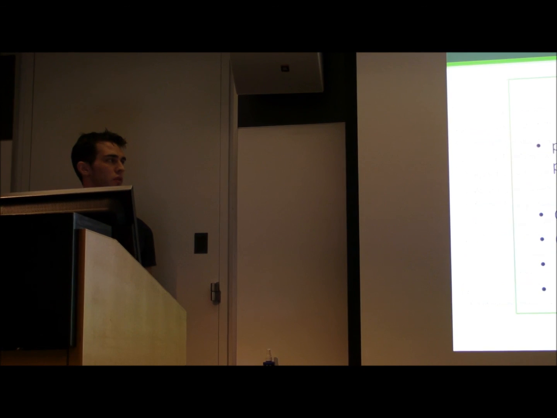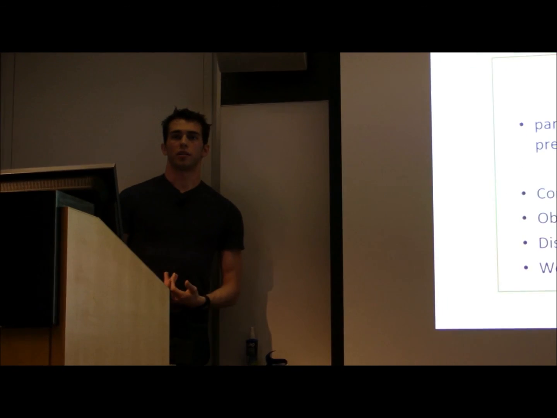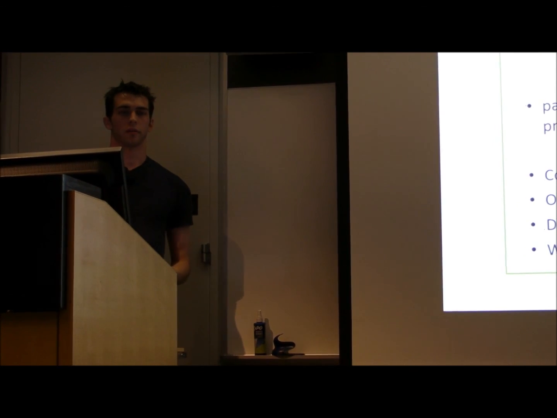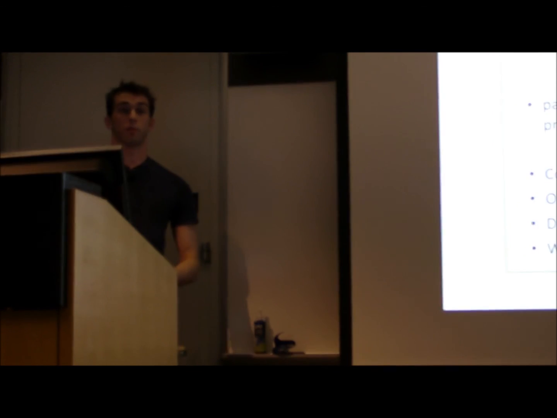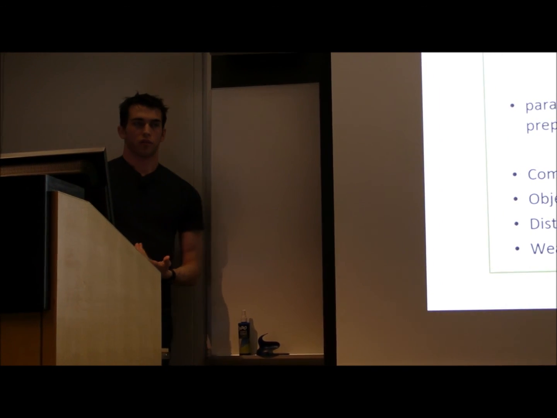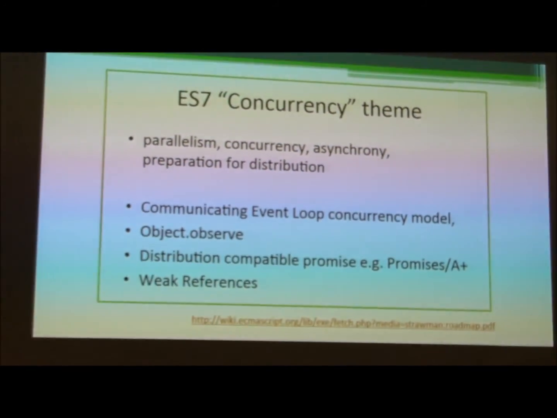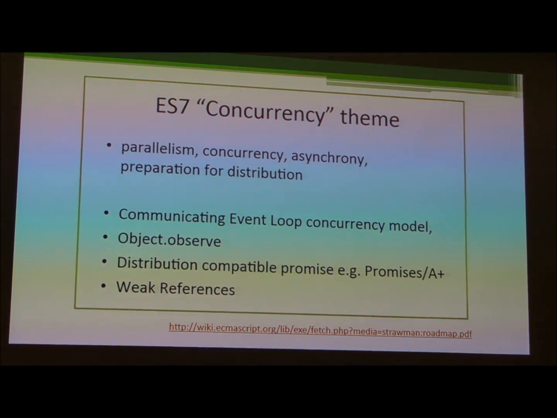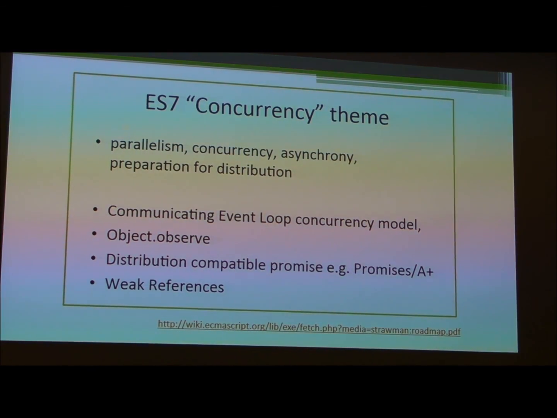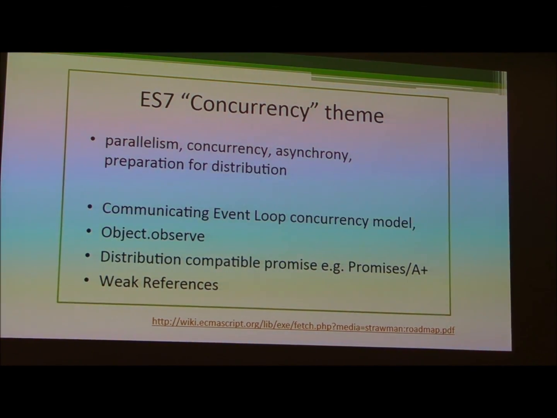Even more so. This is a slide from a TC39 meeting. TC39 is the committee that works on JavaScript, the language, and is evolving ECMAScript 6, the next version, and ECMAScript 7, the version after that. One of the members is very active in the promises community, and he's saying that one of the main themes for ECMAScript 7 should be concurrency, and it should in particular contain a promises implementation that's based on Promises/A+.